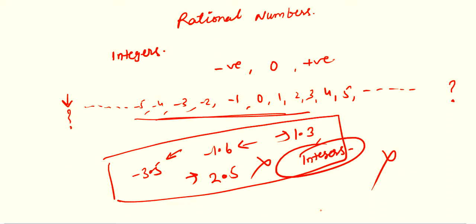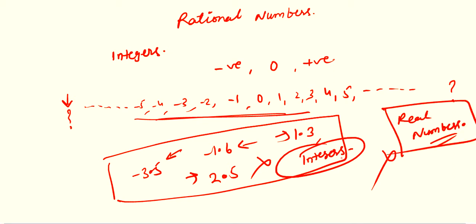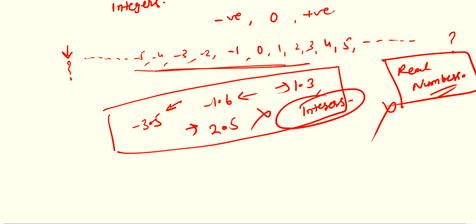So if they are not integers, then what are they? They are real numbers. That is not in your syllabus; you will study it later in class 10th. So integers mean negative numbers, 0 and positive numbers, but remember, no decimal numbers are counted in integers.